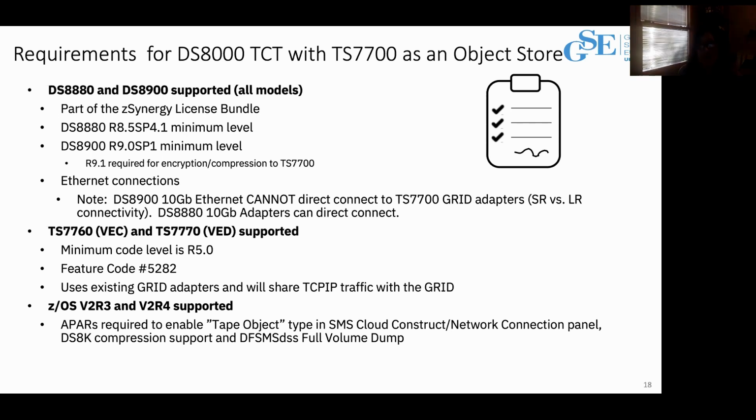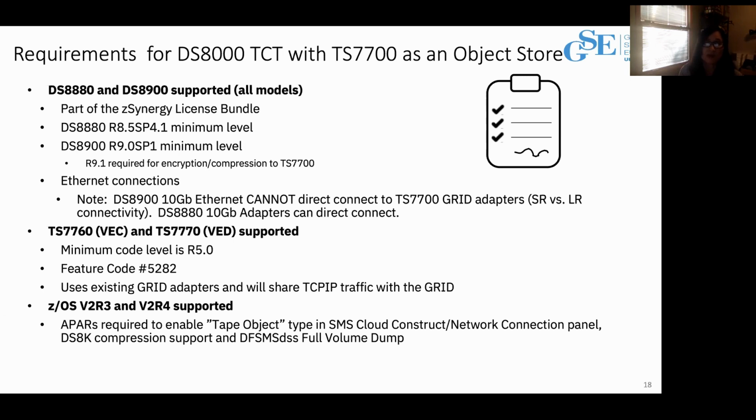Just a note on Ethernet, I talked about that both the DS8000 and the 7700 come with Ethernet adapters. I totally recommend that you go with the 10 gig because of the amount of additional traffic that you're going to be putting onto your grid links, plus the larger bandwidth that you'll get.